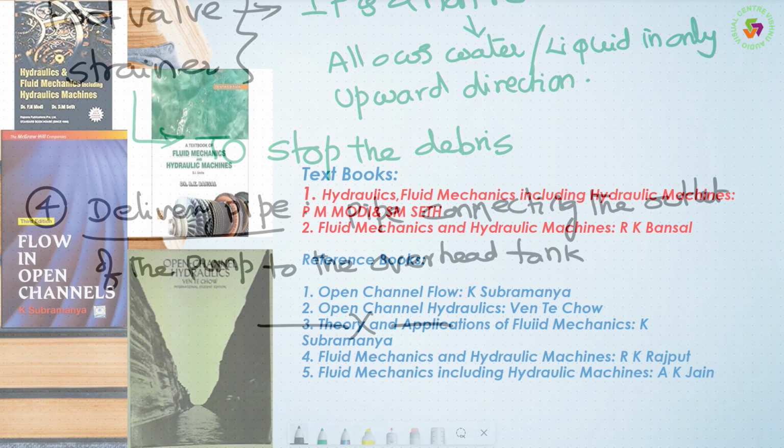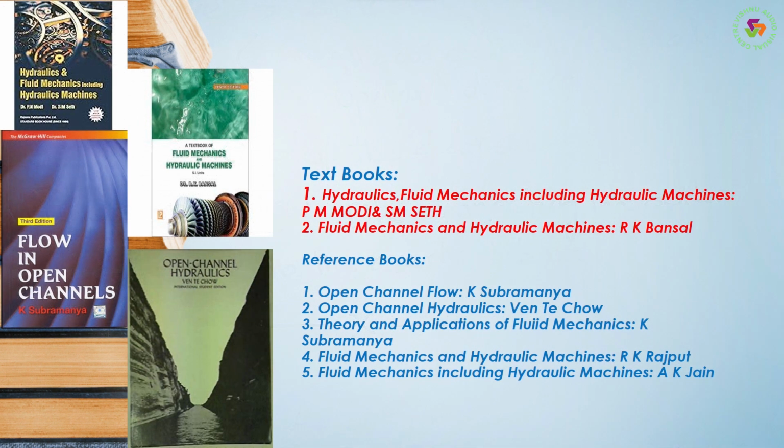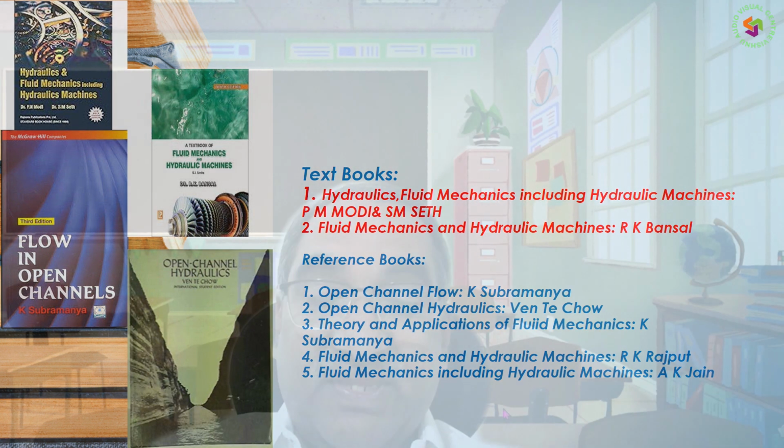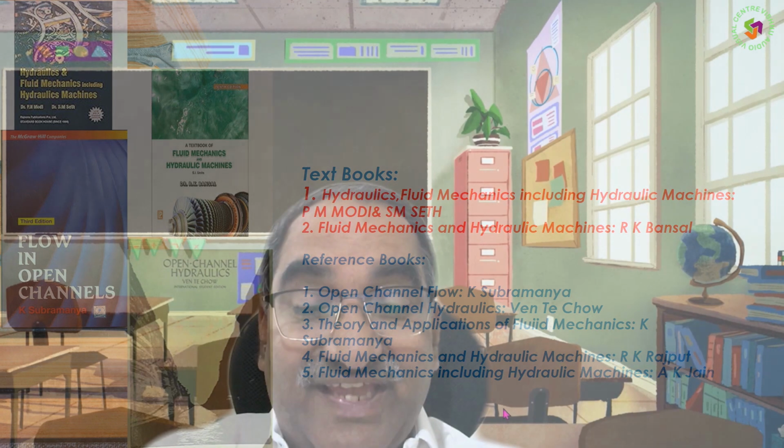Once again, what are the components? Impeller. There are three types of impellers: the open type, the semi-open type, and the closed impeller. Then the second component is the casing, where the energy transformation takes place: volute casing, vortex casing, and diffuser casing.